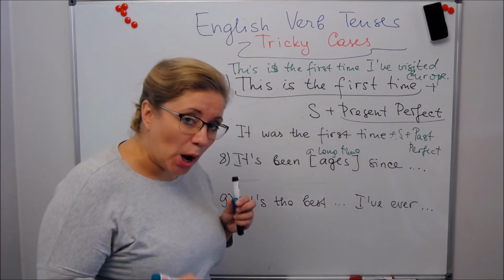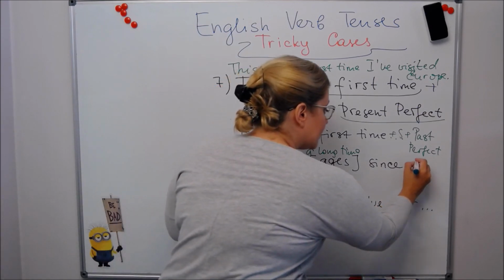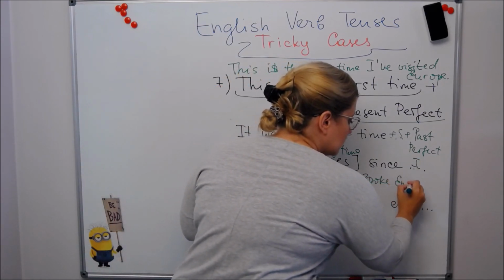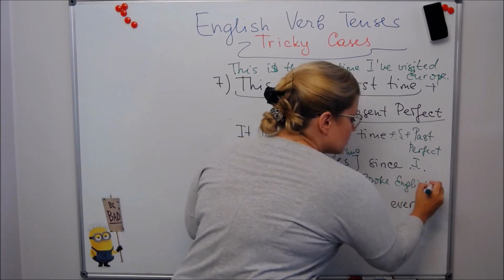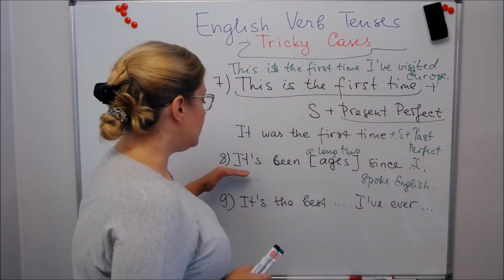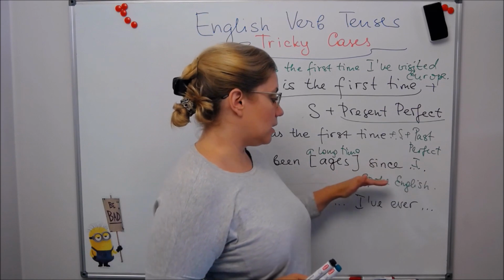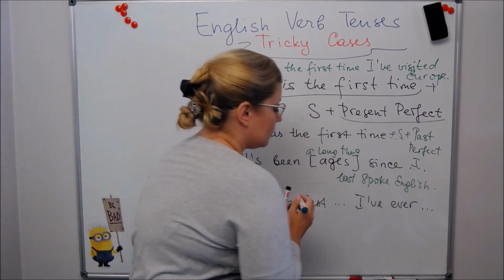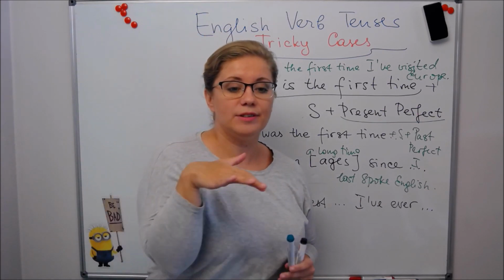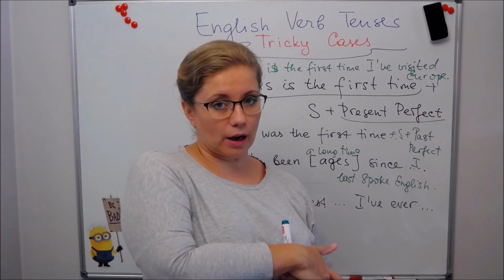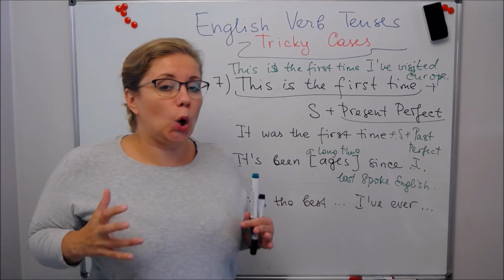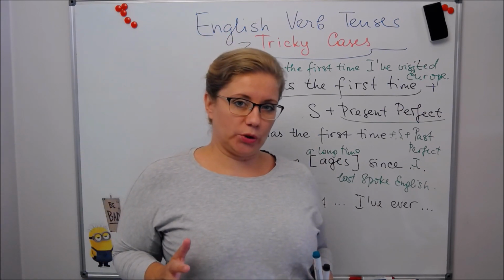since I spoke English. Because after "since," we usually use the past simple. It's been a long time since I last spoke English, yeah? Compare them. I haven't spoken English for a long time. Neutral. It's been a long time since I last spoke English.